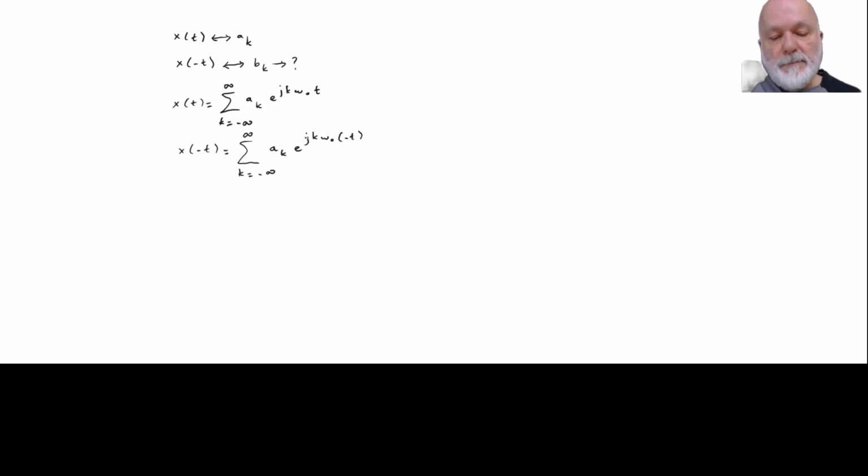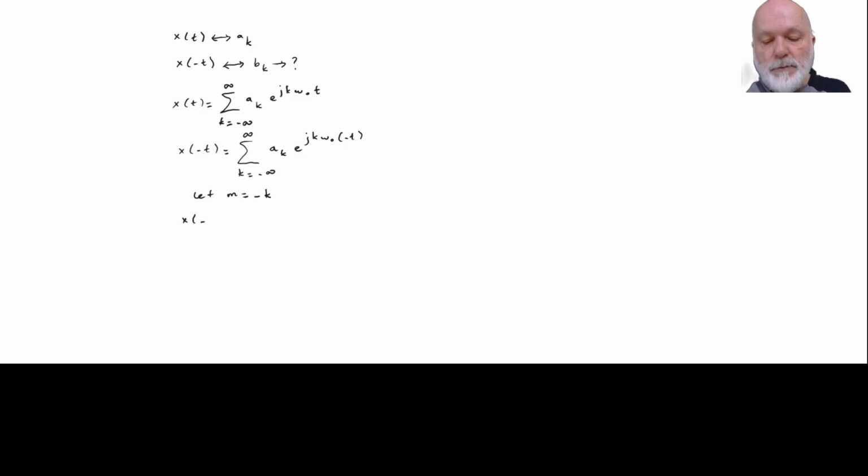Now again, instead of e to jk omega 0 t, which should be the term in the original Fourier series representation, we have the negative exponent. So to get rid of the negative exponent, we can change the index k to m. So let m be equal to minus k.